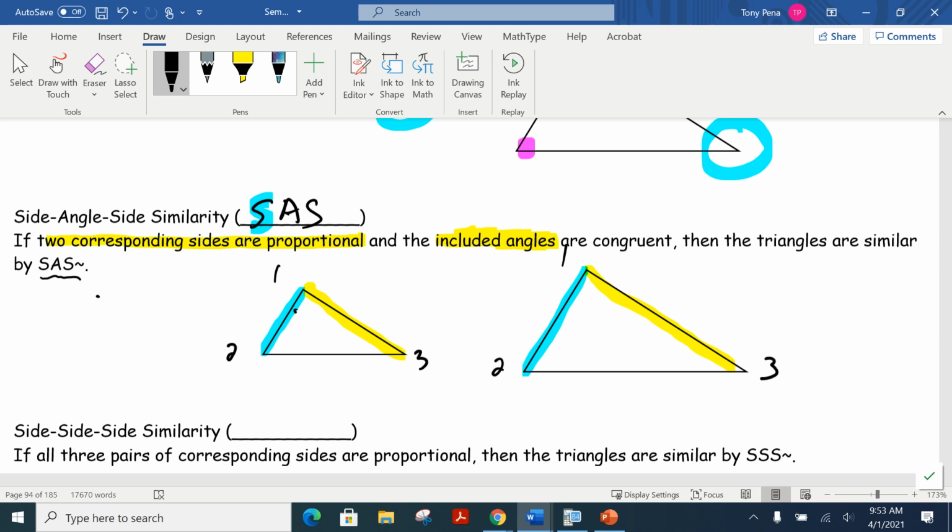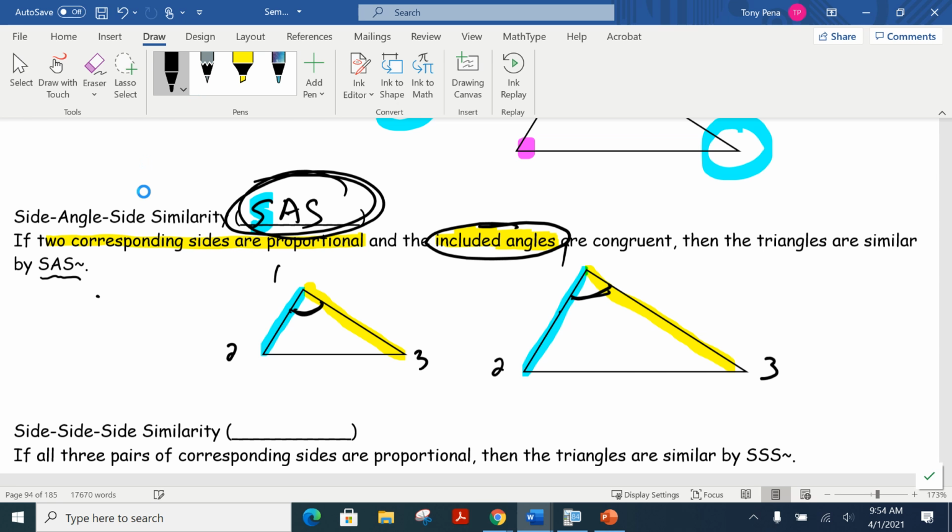So angle 1 would be our included angle. That's what this means by the included angle. It's got to be the angle formed by those two sides that we're talking about. All right. So if we know that these are proportional to each other, the blue to the blue, the yellow to the yellow, and then these angles are congruent, then we can prove side angle side, and we know those triangles are similar to each other.